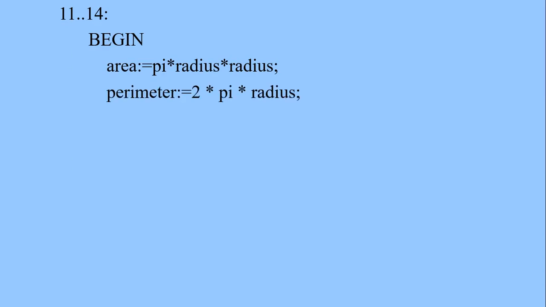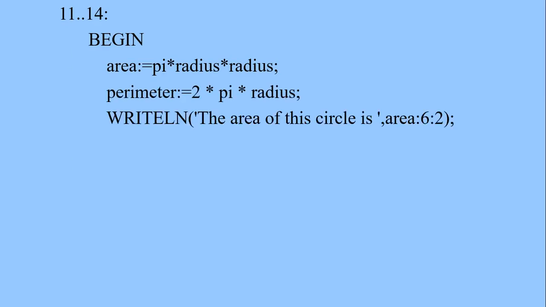Otherwise, if that expression of ours evaluated to a figure which is between 11 and 14, for example, it evaluates to 13, then is 13 between 11 and 14? Yes. So this condition will be true, and therefore the processor will compute the area and the perimeter, store them, and also display the message on the screen.